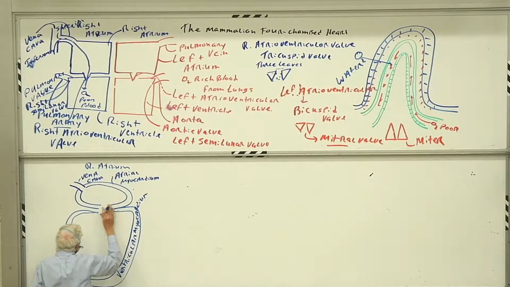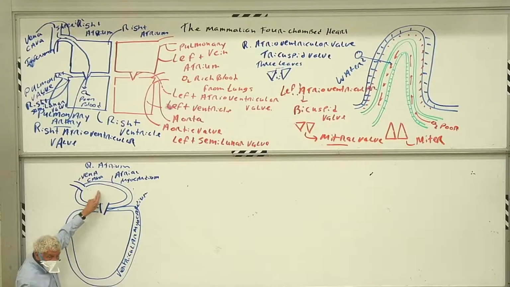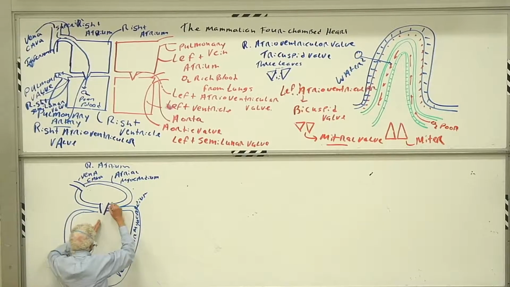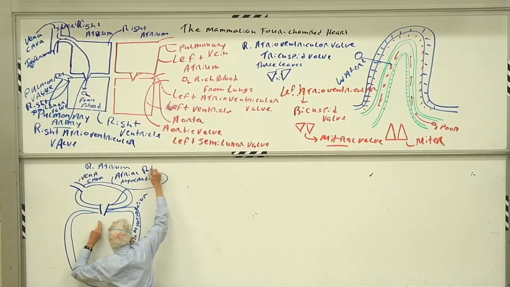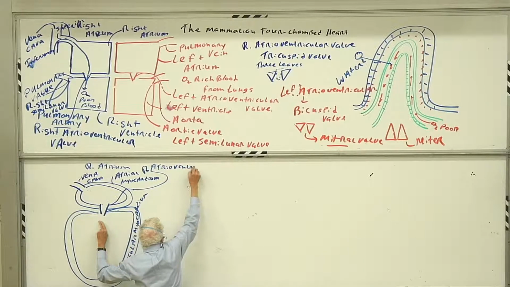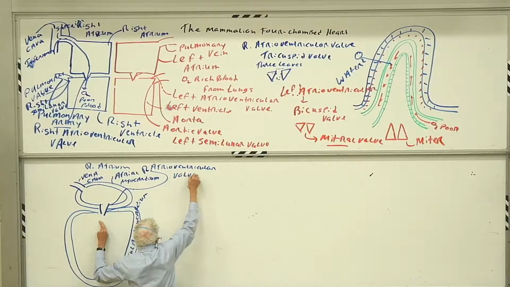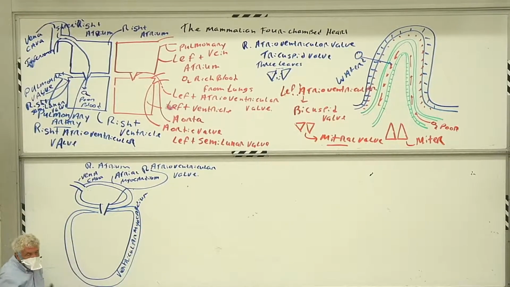Just as we showed above, there's a valve here. So the only opening between the chamber of the atrium and the chamber of the ventricle is this right atrioventricular valve. The right atrioventricular valve is also known as the tricuspid valve.